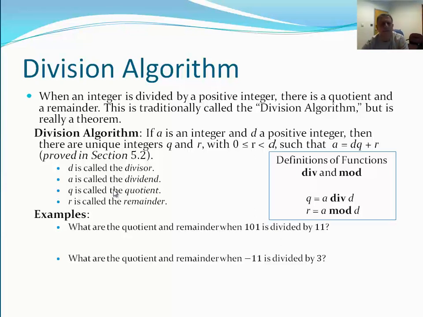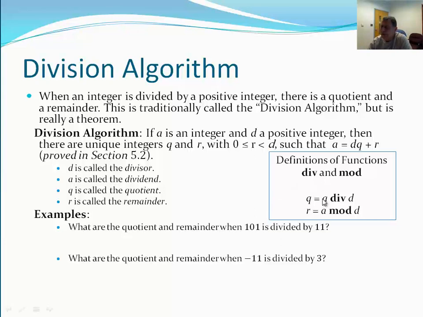And a remainder: 9 minus 5, that's 4. That's the remainder. Whenever we divide, let's say 16 divided by 5, the quotient is 3 and the remainder is 1.